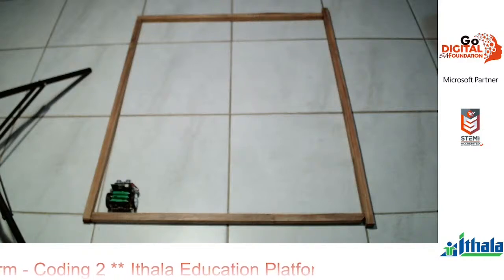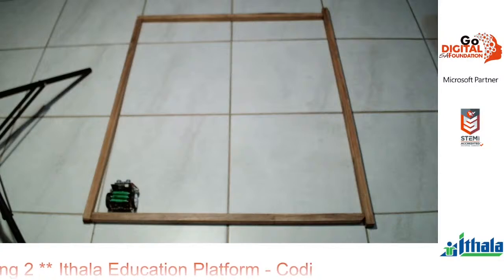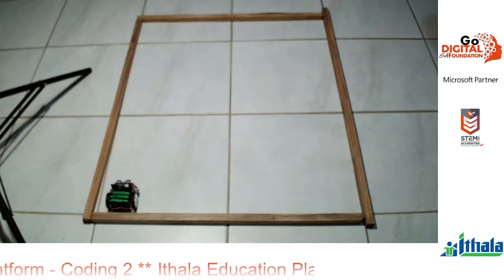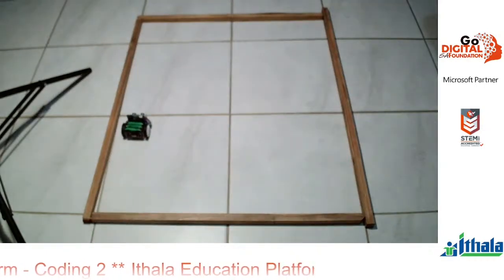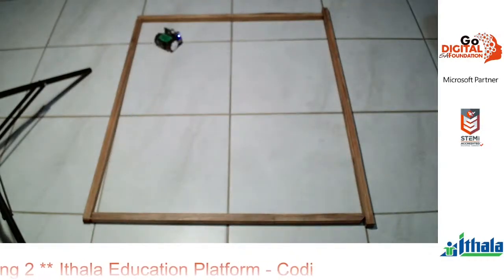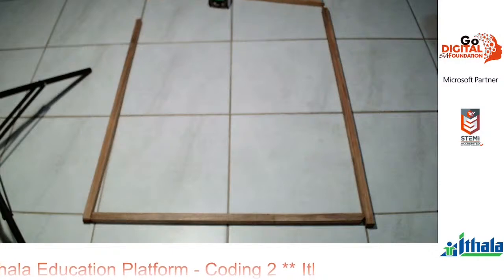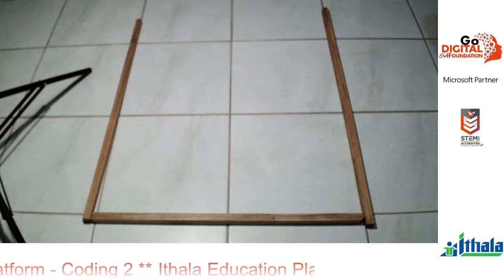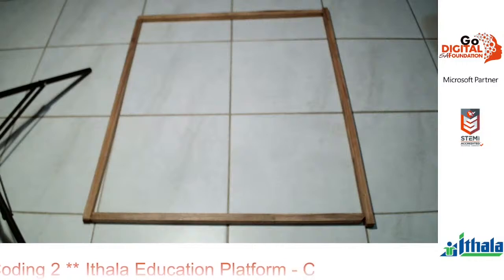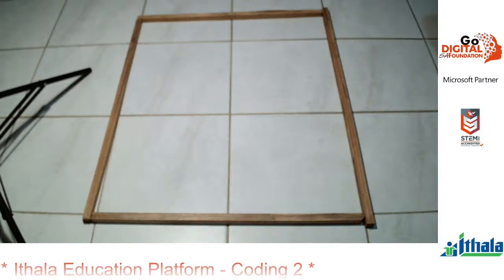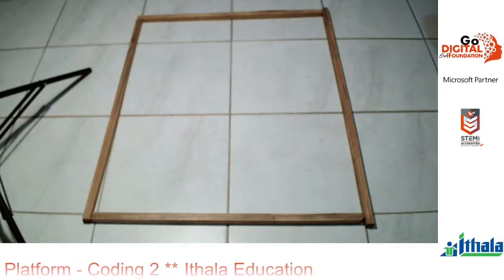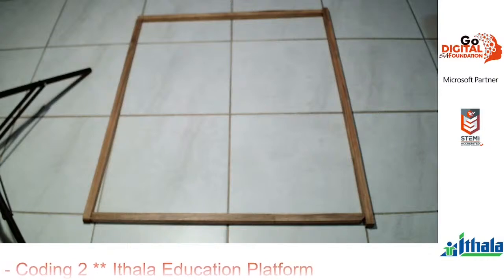Let's see what happens when I turn it on. Okay, that didn't work so well, and it's probably because it's too close. So 10 centimeters wasn't enough time for it to turn.